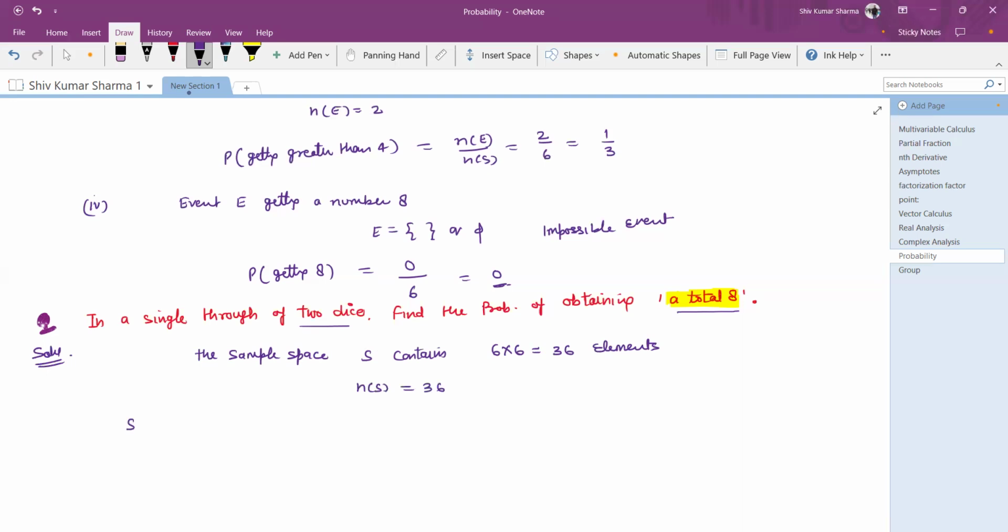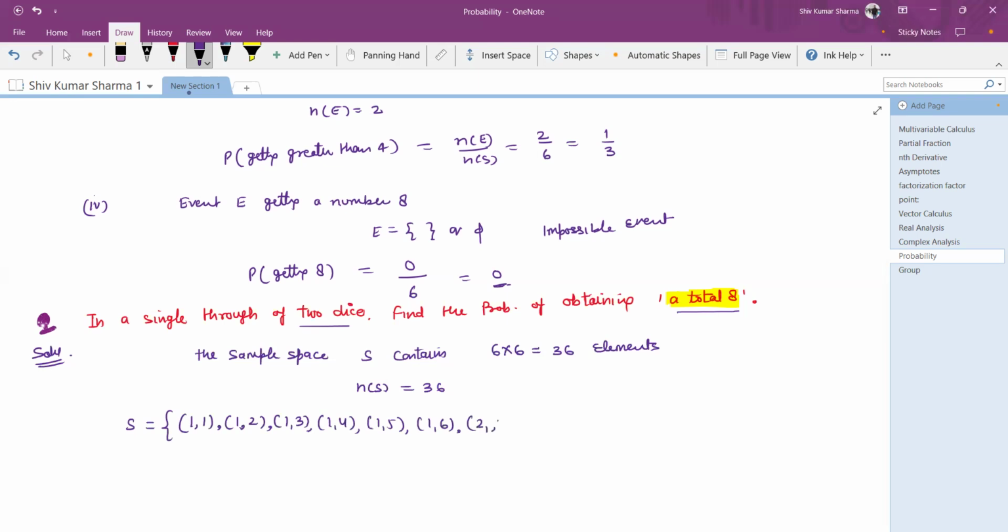How to write these 36 elements? We write the element as: first dice we get 1, second dice also 1; first dice 1, second dice 2; first 1, second dice 3, 1, 4, 1, 5, 1, 6.